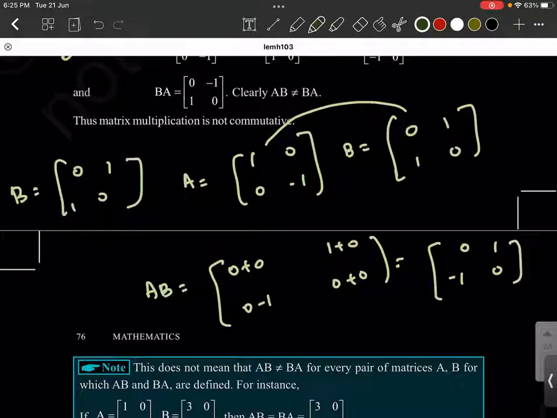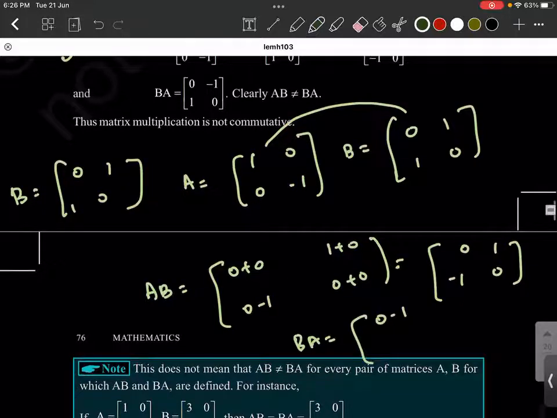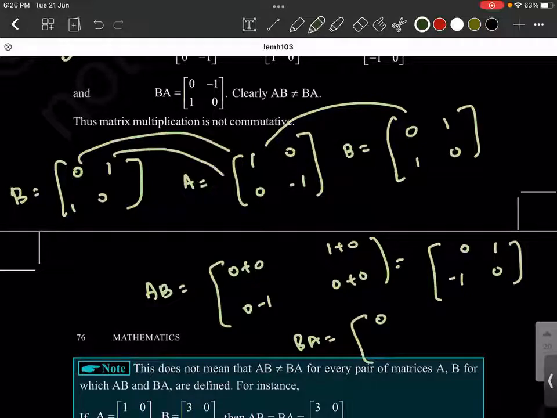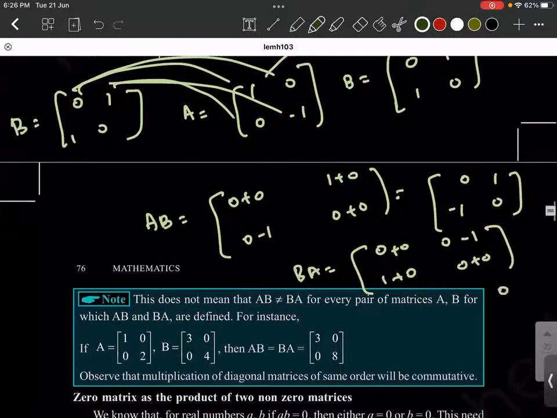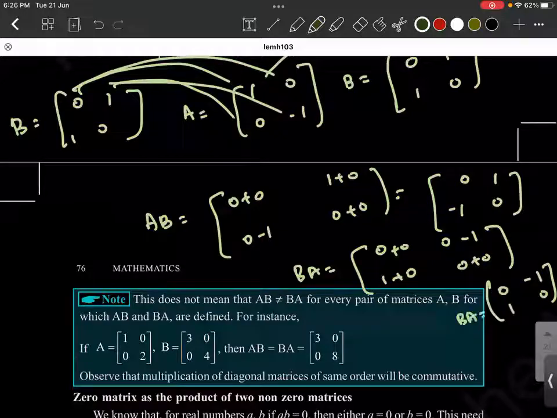So 0 into 1, minus 1, sorry, 0, 0. So 0 plus 0. Then you have 0 minus 1. Then you have 1 plus 0. Then you have 0 plus 0. So it should be 0 minus 1, 1, 0. So this is called BA.